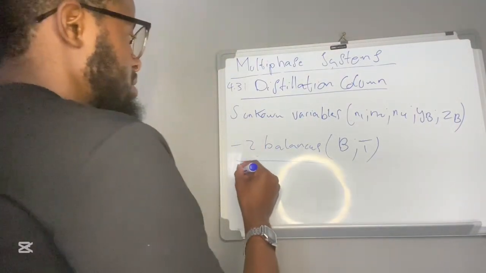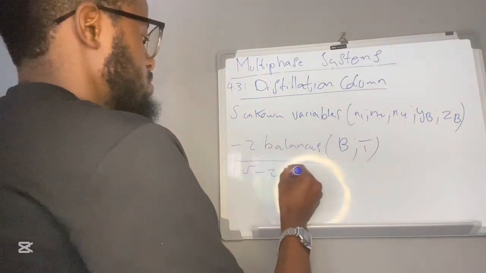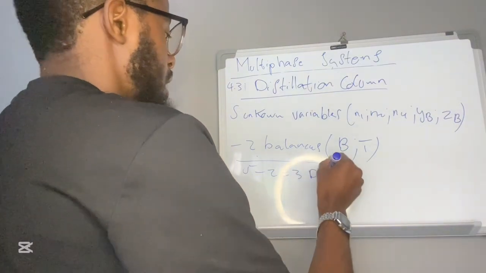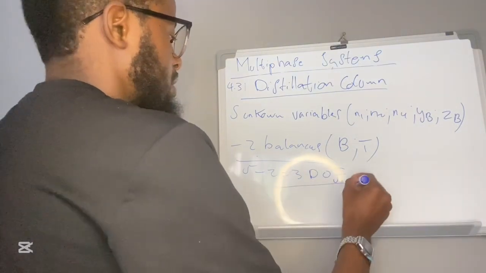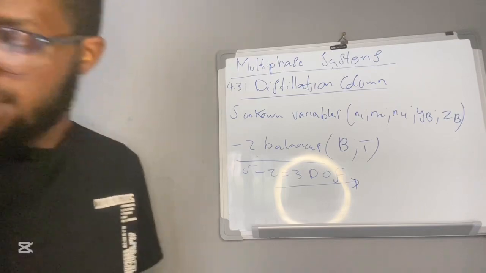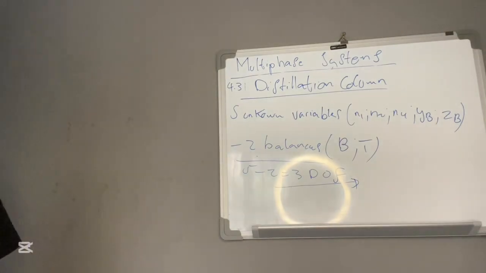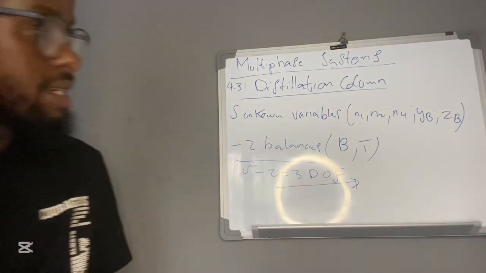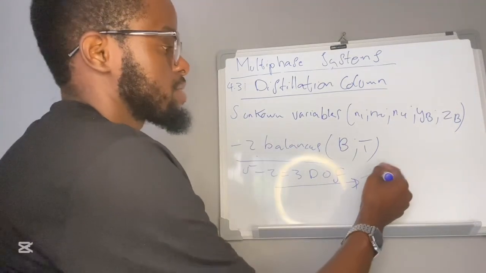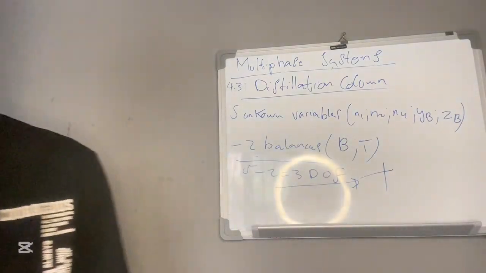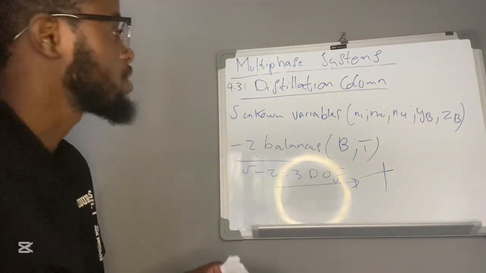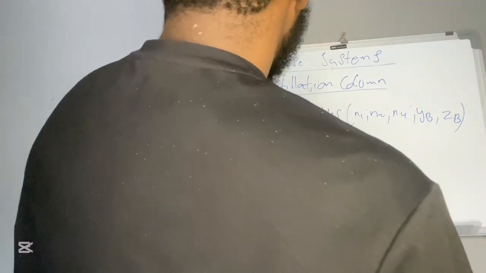On a DOF, what does this give? 5 minus 2, which is 3 DOF, and we do not want anything greater than 0. So this one is not applicable again, and we move on to the next unit.